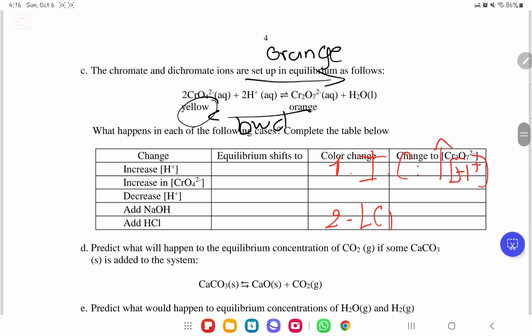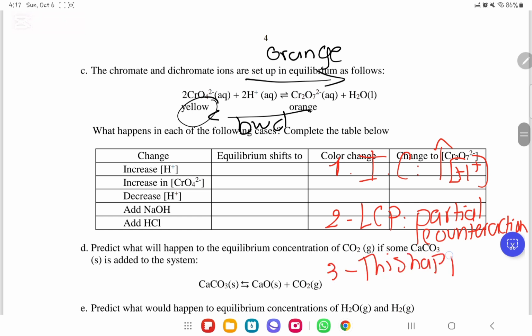Second step, according to Le Chatelier's principle, there will be a partial counteraction. Third step, how will we partially counteract? We will take the total opposite of our imposed change, so it's going to be a decrease in the concentration of H+.